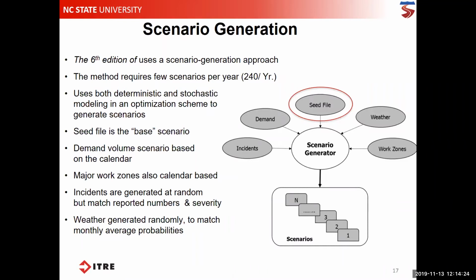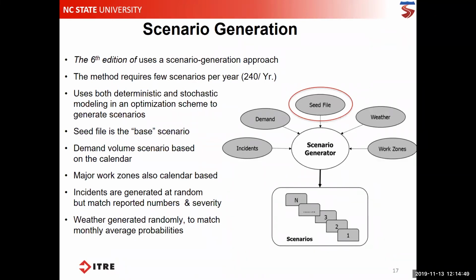As far as the work zones, we can deal with them in two ways. Very long-term, predictable, calendar-based work zones are dealt with as demand, and otherwise they could be looked at as incidents with unpredictable duration, like a patch job, etc.